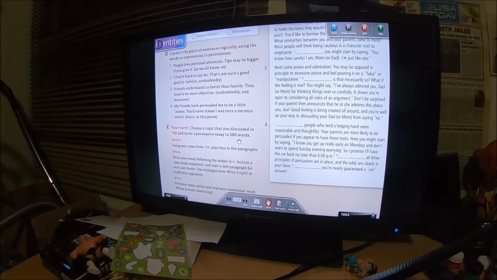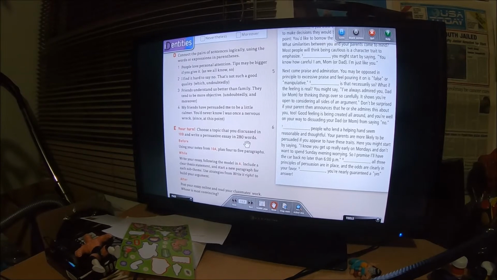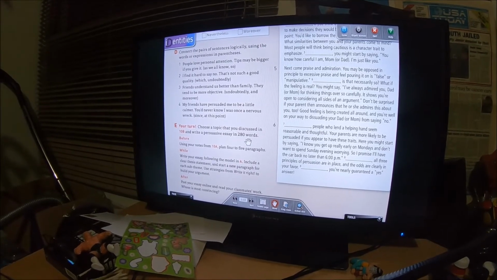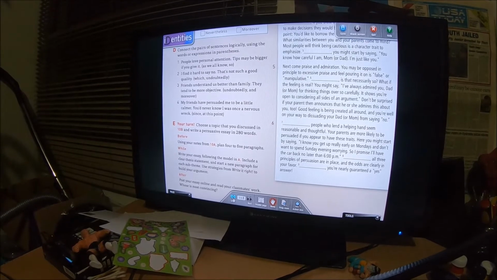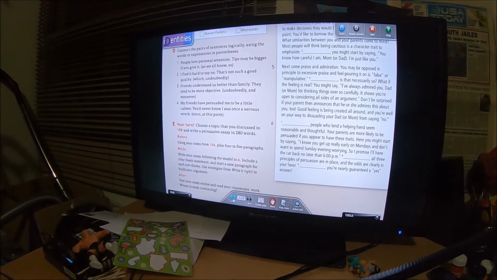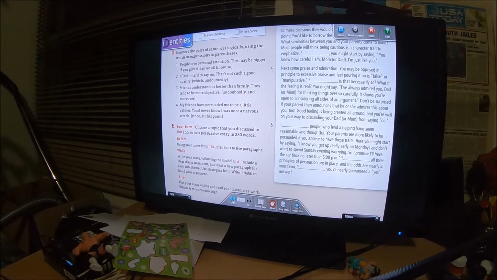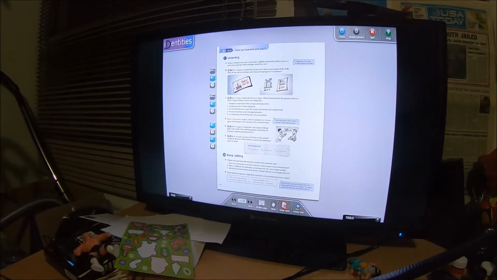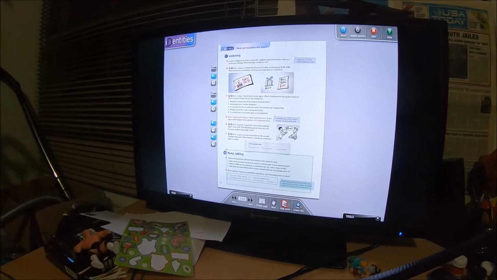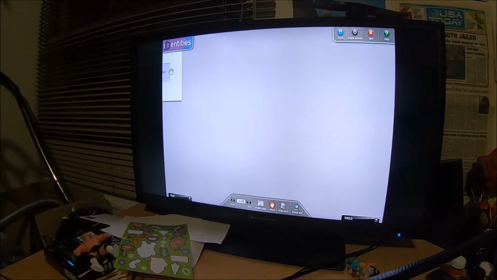Okay, so what are some of the things that we discussed in what says choose a topic you discussed in 10B? So if we go back to page 112, we will go to 10B. And it's right here. Let's see what we find here.